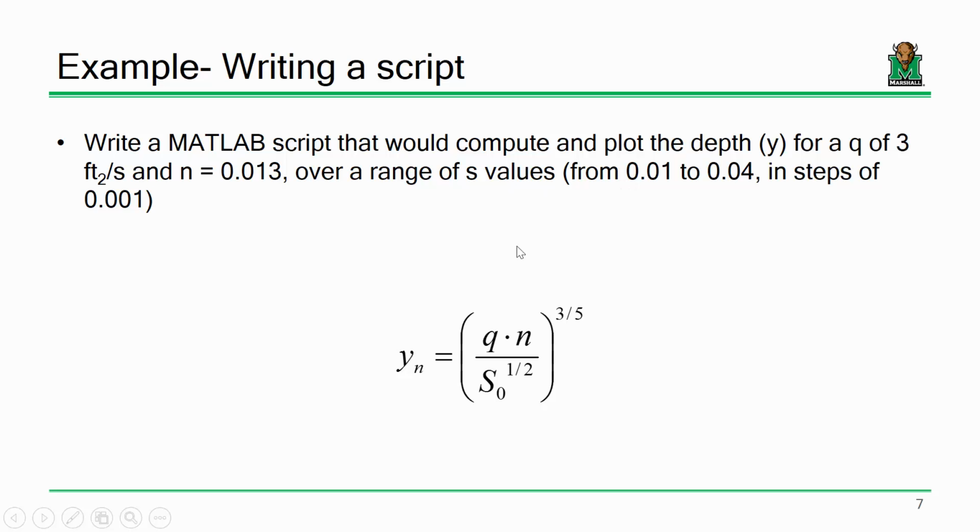So you'd need to write a script where inside of the script you're defining the variables that are given directly in the script, where you'd need to create the function and have it calculate, and then setting up the plot options.